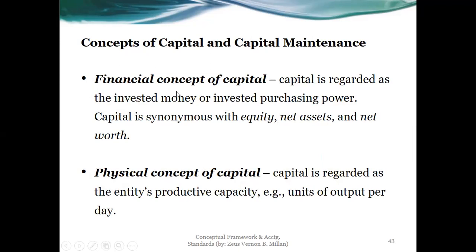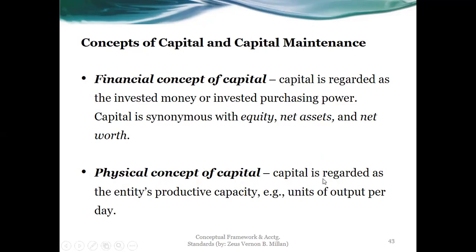On the other hand, if we say physical concept of capital, this means the entity's productive capacity, units of output per day. For a manufacturing, merchandising or agriculture concern, these are physical or tangible products being sold per day.